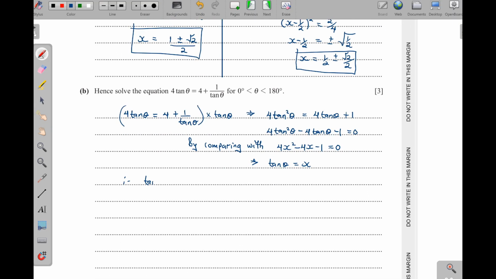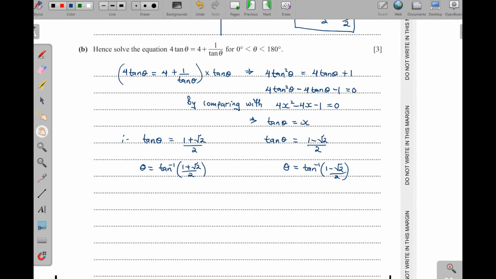Therefore, tan theta is going to be these values we have gotten here, 1 plus root of 2 over 2, and the other one is tan theta equal to 1 minus root of 2 over 2. Are we there? So theta is going to be equal to the arctan of 1 plus root of 2 over 2, and also here theta is going to be equal to the arctan of 1 minus root of 2 over 2.